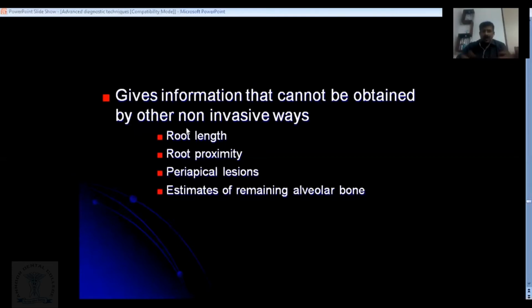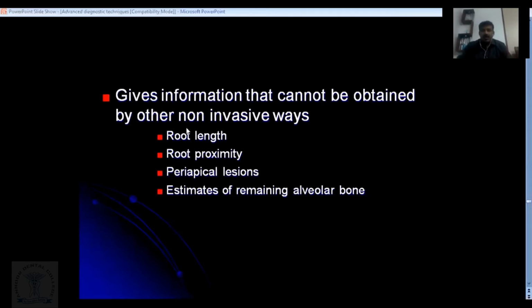Then root proximity, is it converging? Is it diverging? If it's a converging root, probably during extraction it will come off easily. If it's a very divergent root, there is always a chance that the root will break. Whether a periapical lesion is present or not, otherwise, to detect a lesion you actually have to invade, you go into that area. It's invasive, you have to do a surgery there.